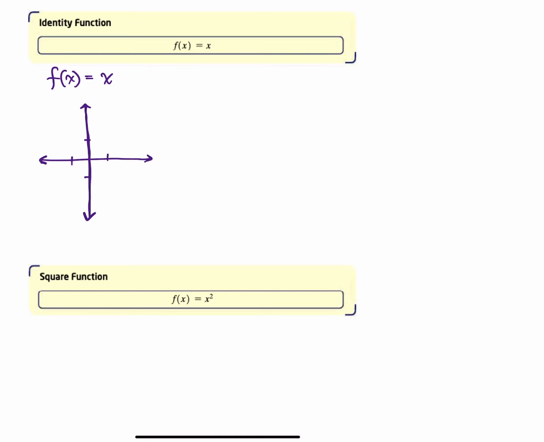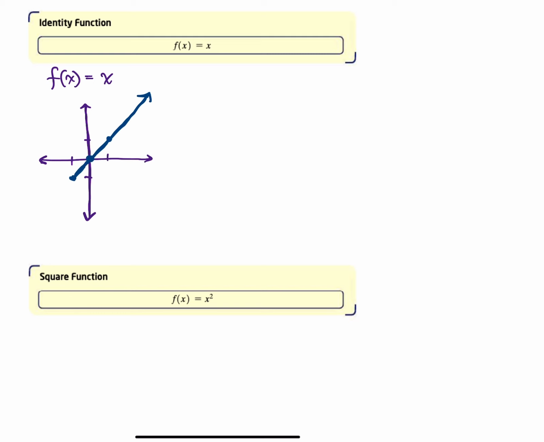So I usually put points around -1, 0, and +1. That usually helps us locate and anchor our graphs, whatever it is that we're looking for. So we know we should have a point at the origin, a point at (1, 1), and (-1, -1). So we get a nice line.